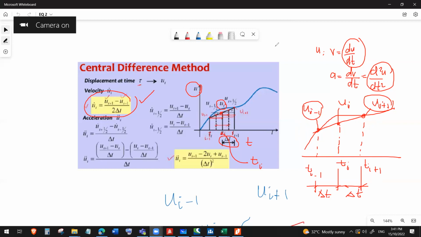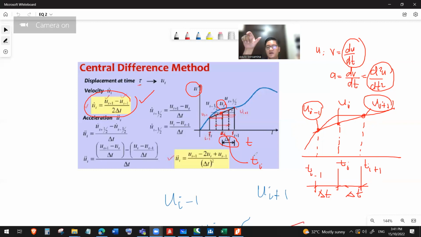So that is our rise over run, the slope, or first derivative. The rise is u sub i plus 1 minus u sub i minus 1, then the run is 2 delta t. So that is our u i dot, or velocity at t sub i.